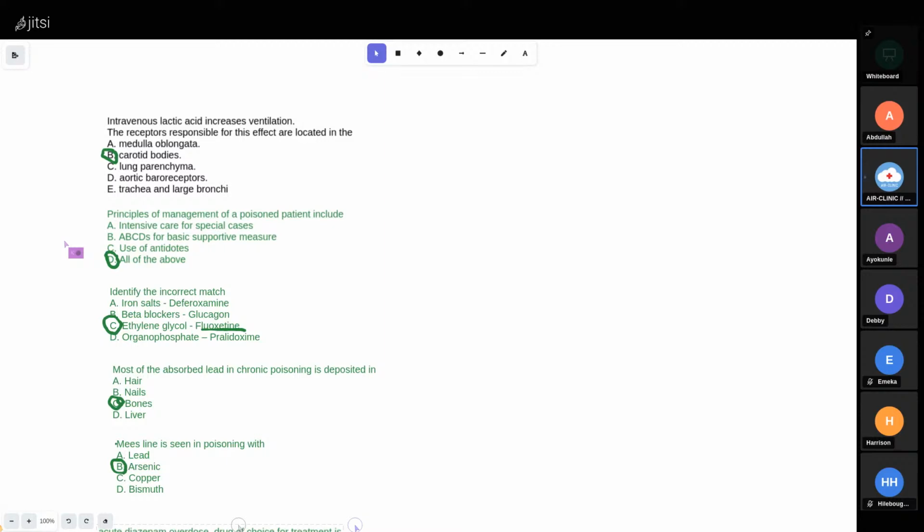Okay, so theophylline. Theophylline is used for asthma and things like that. Beta blocker is the antidote. They have tachycardia that can come with it. Anticholinergic drugs like atropine, diphenhydramine.